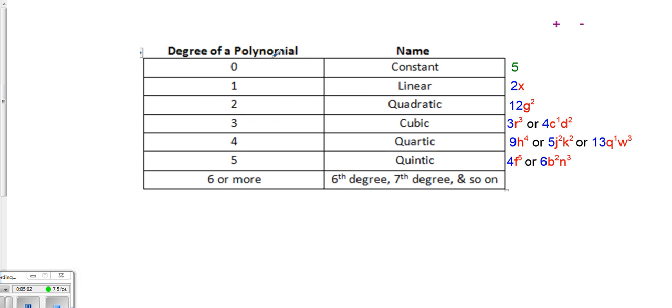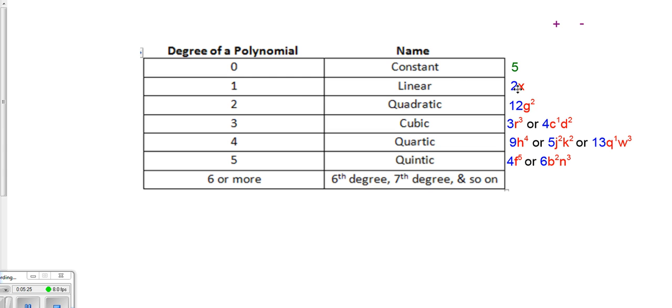So looking over this chart, degree of a polynomial, if you can call it a constant, so something like just this 5, that would be a degree 0 for the same reason we went over. It's like 5 times a variable to the 0th power, so it's a 0 degree. We would call that kind of term a constant.